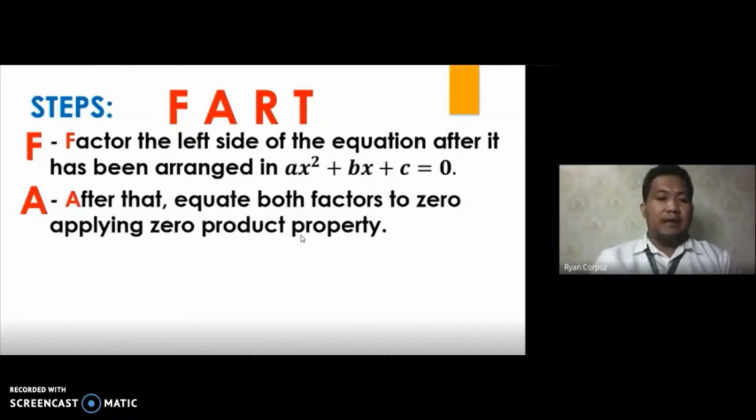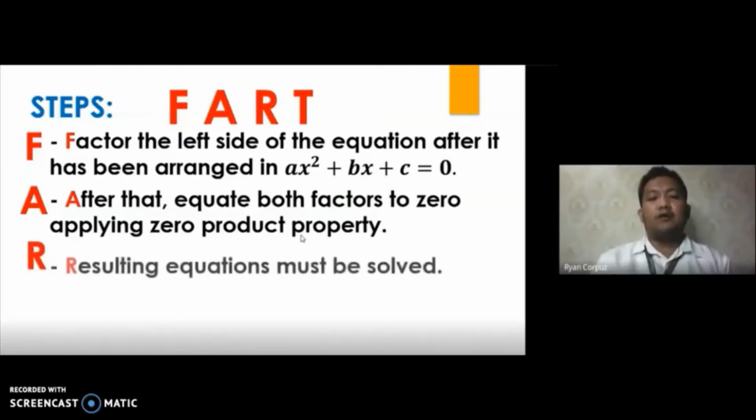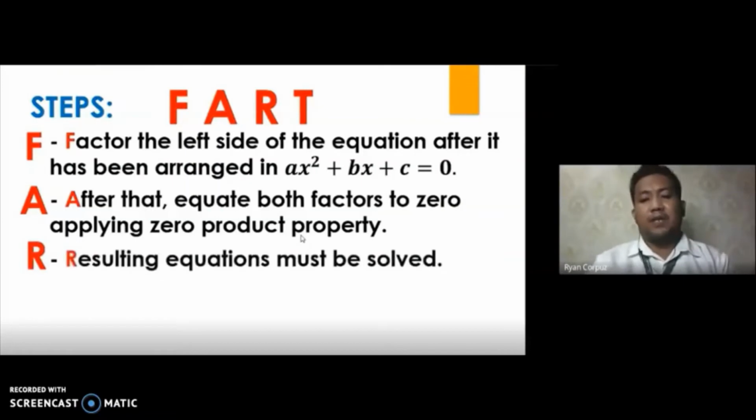Then after doing that, third step R, which stands for resulting equation must be solved. So we do have now two equations formed from the factors of that quadratic trinomial or binomial given, the one on the left side of the quadratic equation.